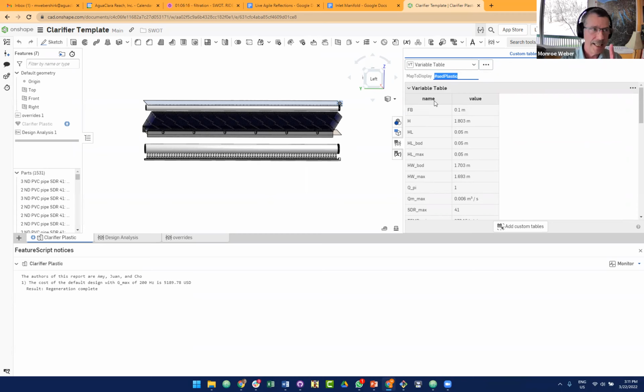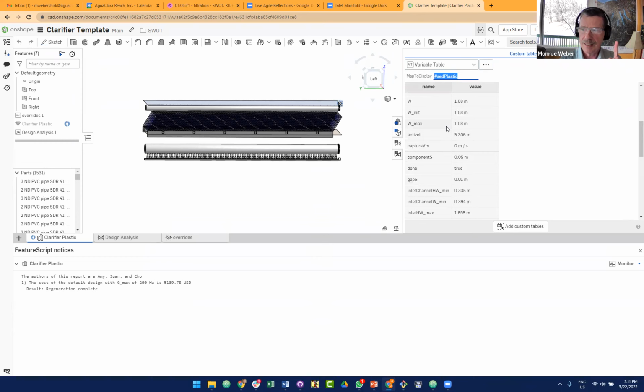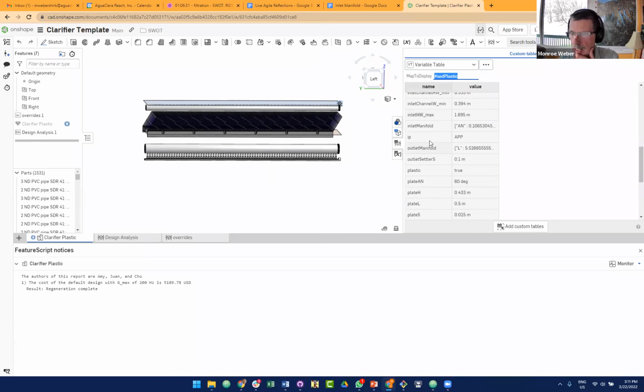And now I can see all the variables that are inside said plastic. Some of them you might recognize, like the width of the clarifier bay. And down here somewhere there's an inlet manifold. At some point you're going to want to see more details of the inlet manifold, and it's also a map.